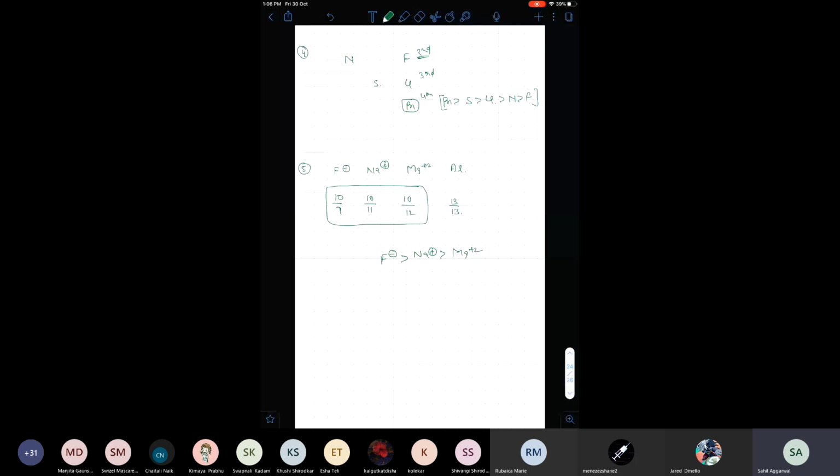Which trend is this? First thing, I didn't say that only cation can be isoelectronic or only anion can be isoelectronic. Then this is not the trend for size. Okay, opposite you are saying. But if they are isoelectronic, we have to follow electron by proton ratio.